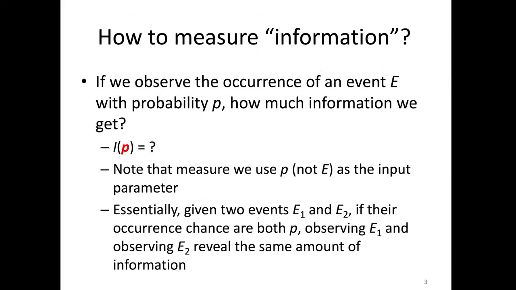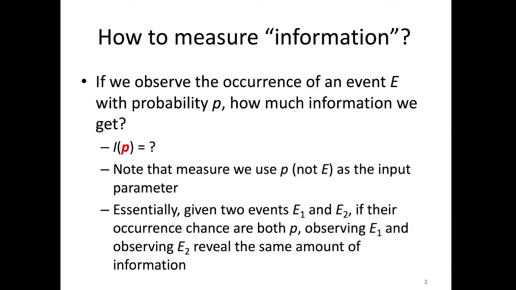So maybe let me give you some more examples. If I tell you that the sun will rise from the east tomorrow, it's almost guaranteed to happen, right? It's 99.9999999, a lot of 9s percent true.